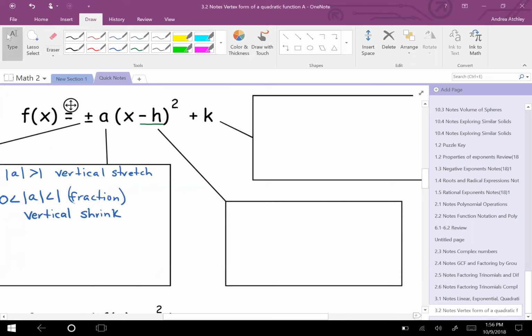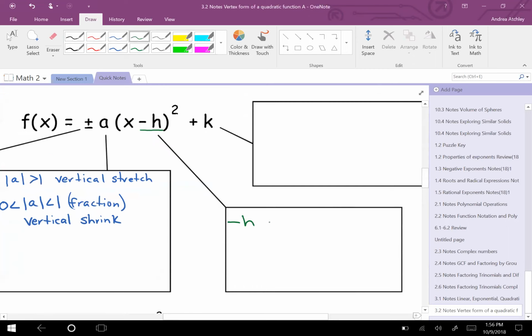So a negative h shifts to the right. A positive h is going to move to the left.